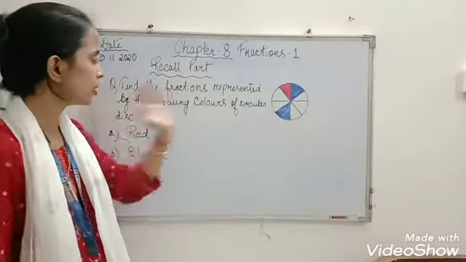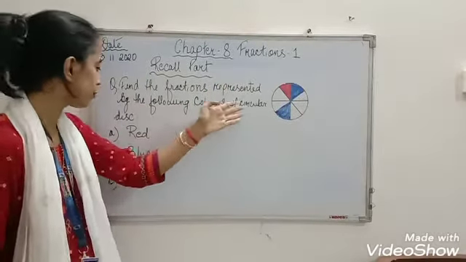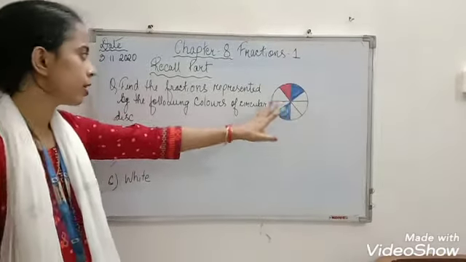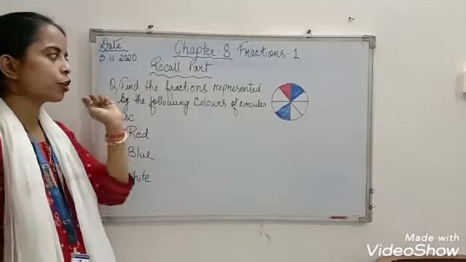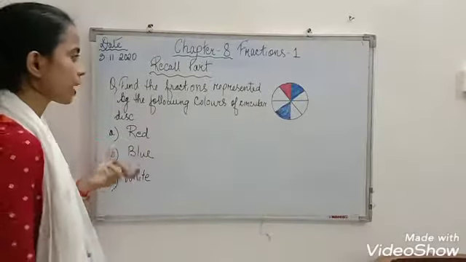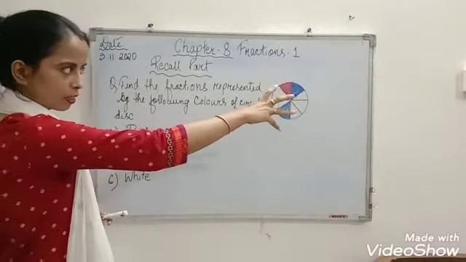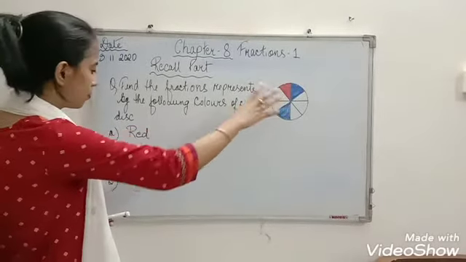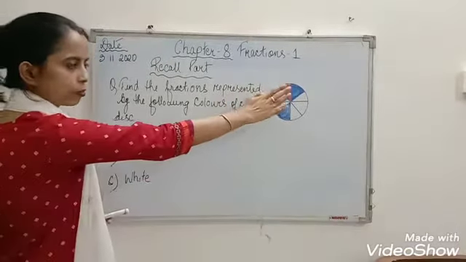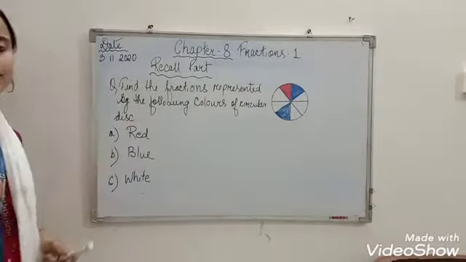So here, what is given: find the fraction represented by the following colors of the circular disc. This is a circular disc. Now from here, you have to represent the following colors. That means you have to find out how many parts of the circular disc are shaded by red color, and how many parts are shaded by blue and white.